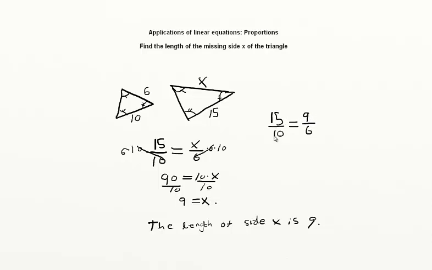Now if you notice, 5 goes into 15 3 times, so this can reduce to 3, and 5 goes into 10 twice, and now 3 goes into 9 3 times, and 3 goes into 6 2 times. So just by simplifying these fractions on each side, we can see that they are in fact the same. These two just look different, but actually they are equal. And that will be it with this video.